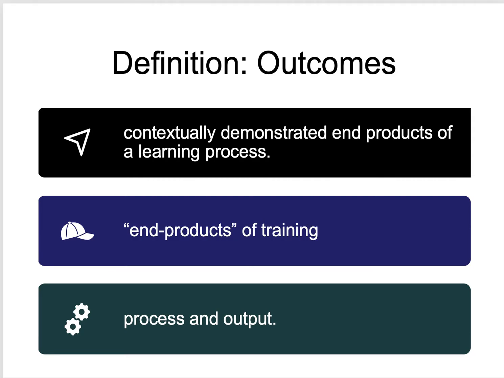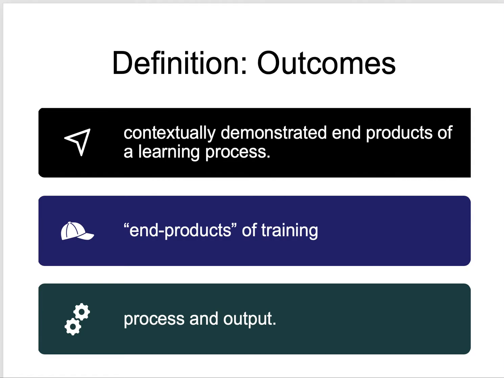So at the end of the learning program, the learner needs to be able to create an authentic, contextually correct end product. Okay. So we can also say another thing, that there must be an end product.